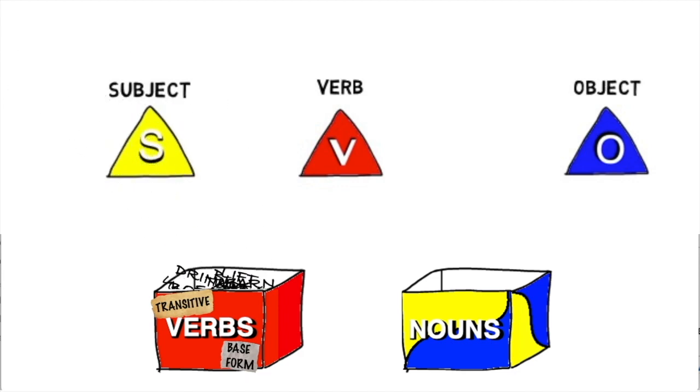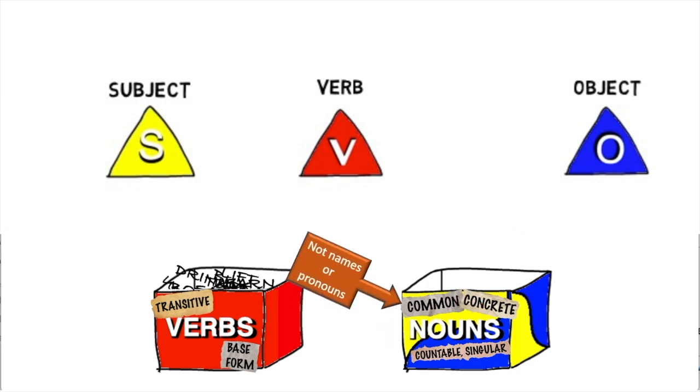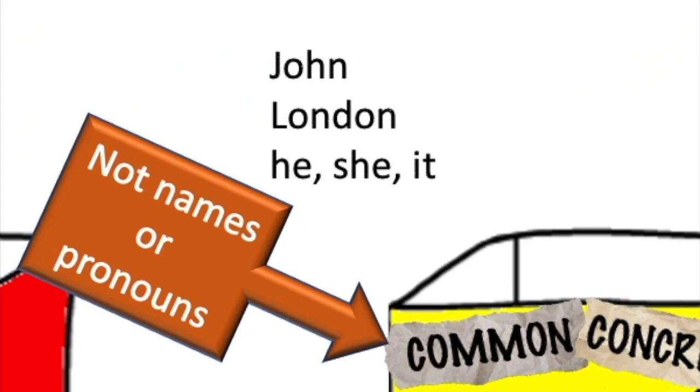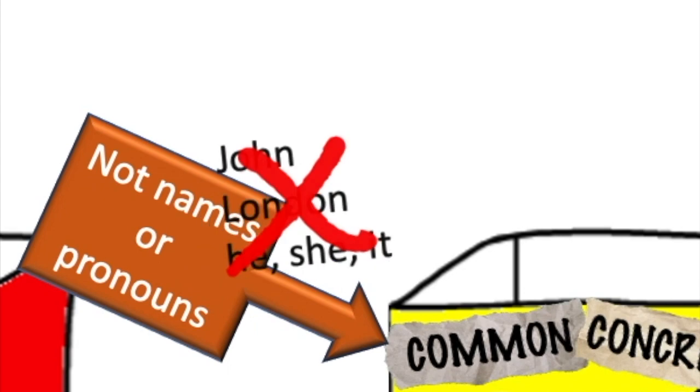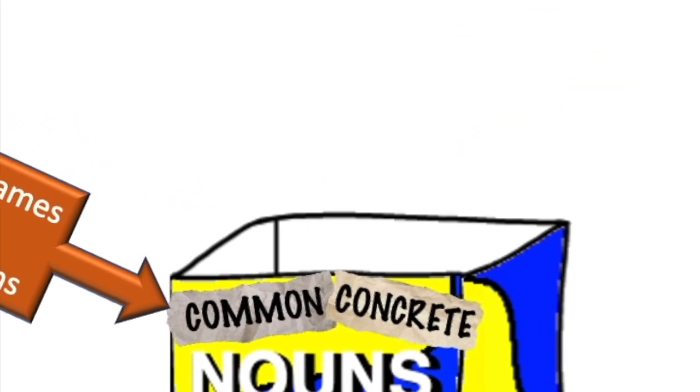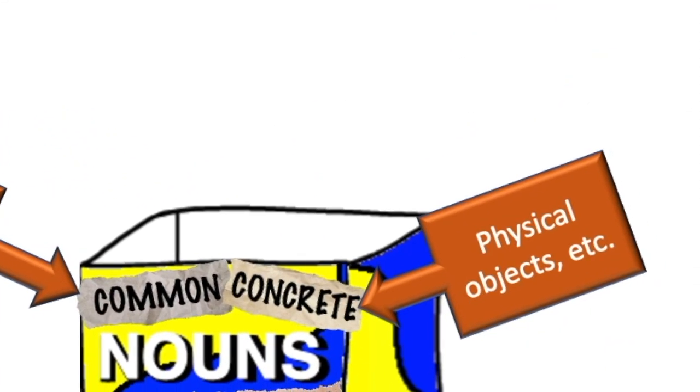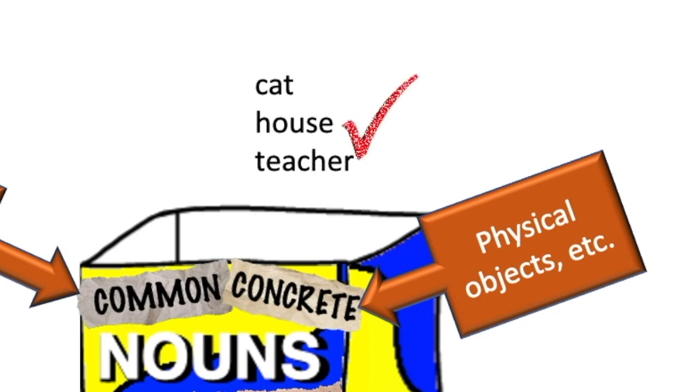And now, the nouns. These will be the subject or the object of the sentence. I'll use common nouns, that is, not names like John or London, and not pronouns like he or she or it. And I'll use concrete nouns, things we can see and touch, animals, humans, and inanimate objects like cat or house or teacher.